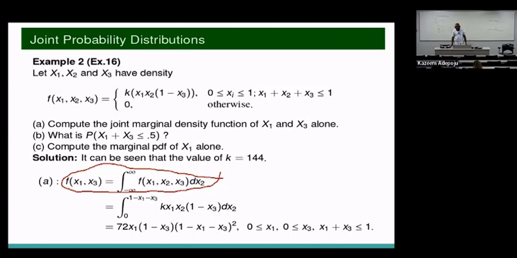What am I going to do? I'm going to integrate the function with respect to the variable I'm not interested in. What am I interested in? I'm interested in x1, x3. Then integration will be done with respect to x2. Take note: you're always going to integrate with respect to the variable you are not interested in.